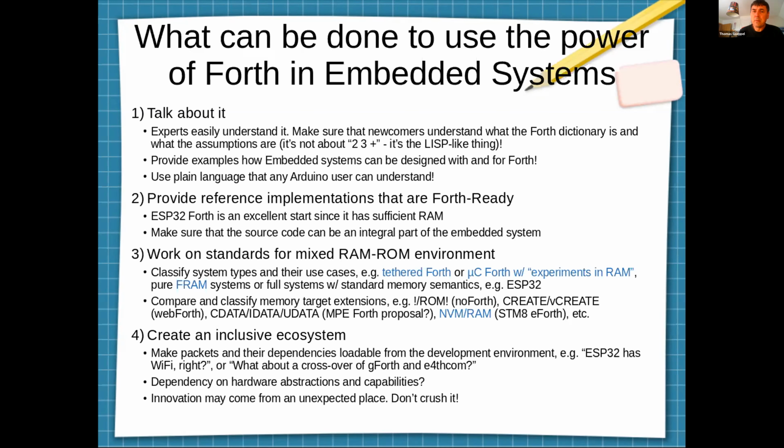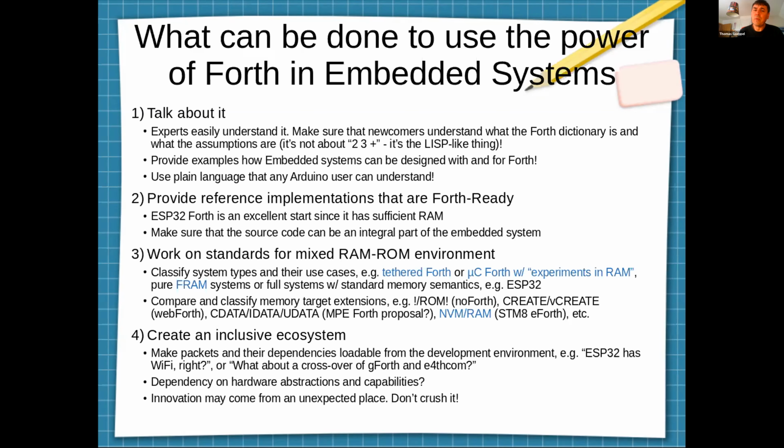Provide examples of how embedded systems can be designed with and for Forth, based on assumptions, maybe about memory and the location of source code. Use plain language, because people who do not know the difference between the Forth paradigm and the C paradigm will not understand it.